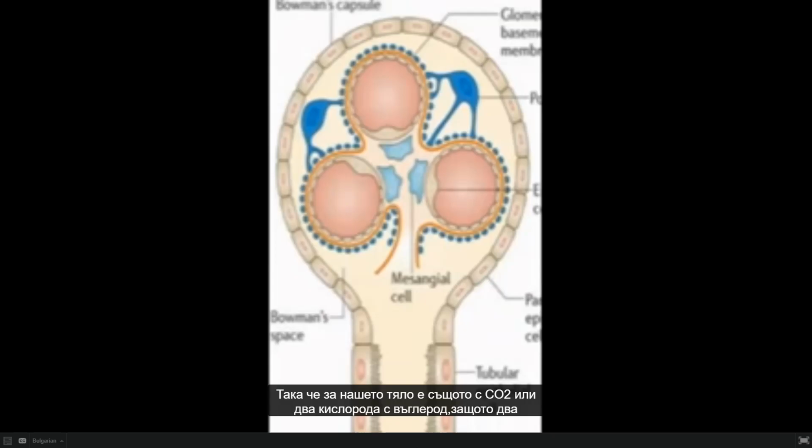So for our body, it is the same, whether it is CO2 or 2 oxygens with carbon, because 2 oxygens with carbon is an explanation for us of what the body does and how much oxygen it needs to transform the carbon. Or if we need only 1 oxygen to transport the carbon, it means that is the part of the body more adjustable to that function.